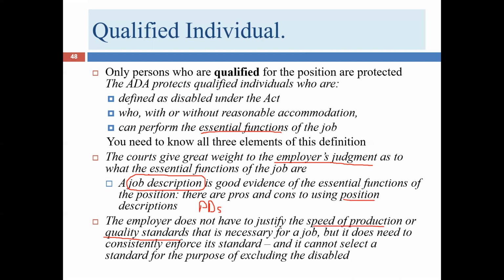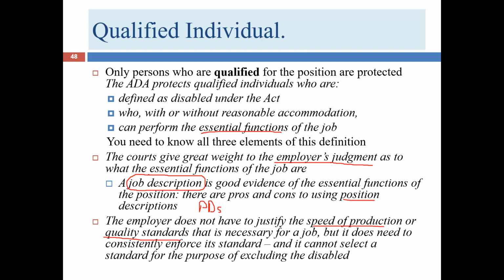This is especially relevant if there are grades that people have in that position. For example, you might have 3 levels of order pickers. We'll call it level 1. And level 1 order pickers only pick 20 items an hour. Level 2 order pickers pick 30 items an hour, and level 3 order pickers pick 40 items an hour. As you increase your productivity, you are paid more. And maybe the expectation is that you'll start out at order picker 1, and you'll be in that for 3 months, and then you'll go to order picker 2 for 3 months, and you'll go to order picker 3 for the rest of your career.